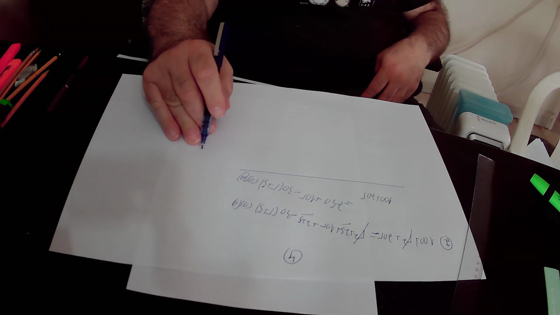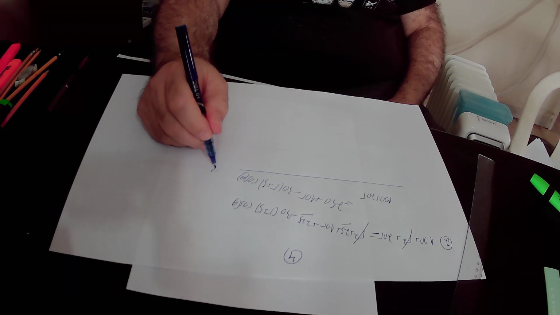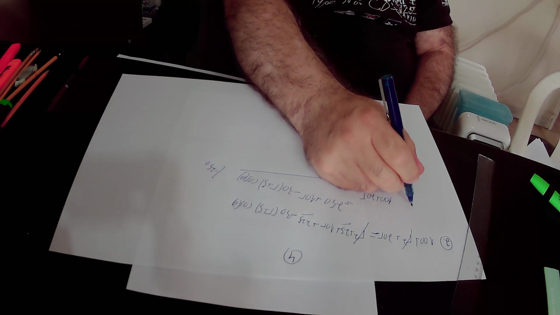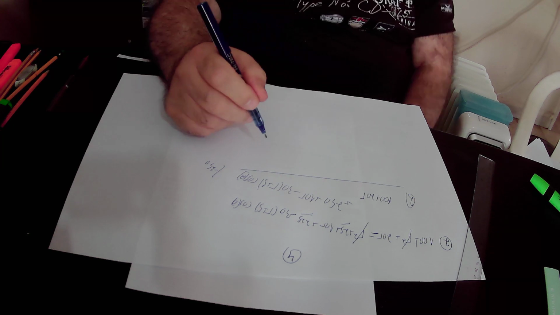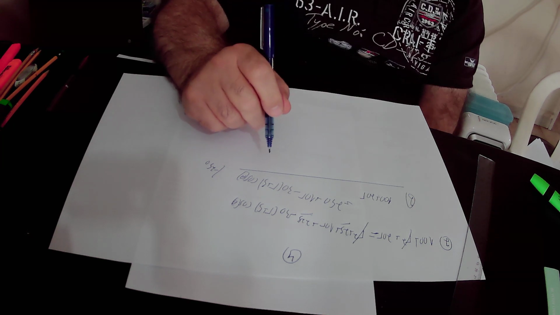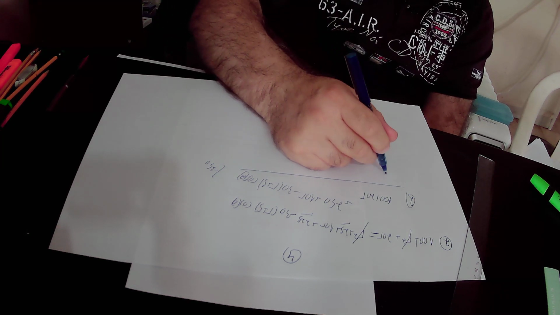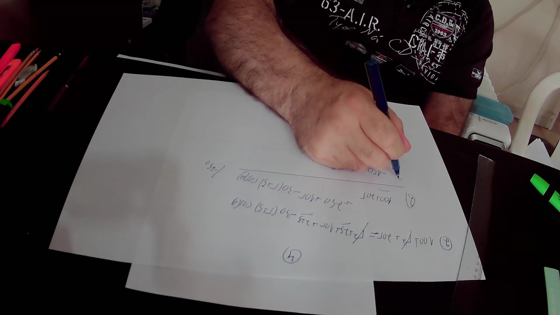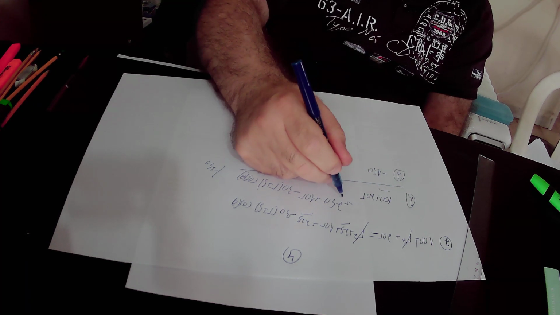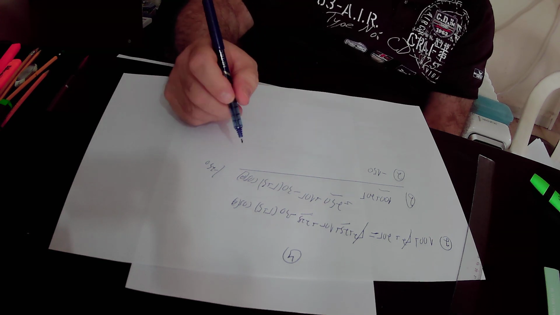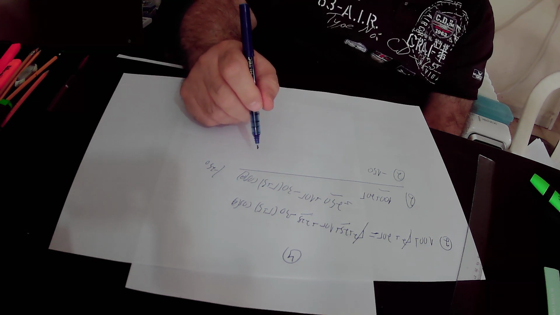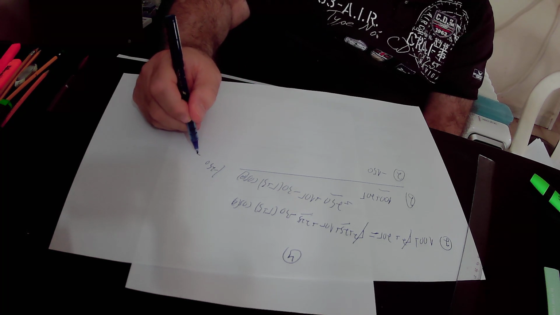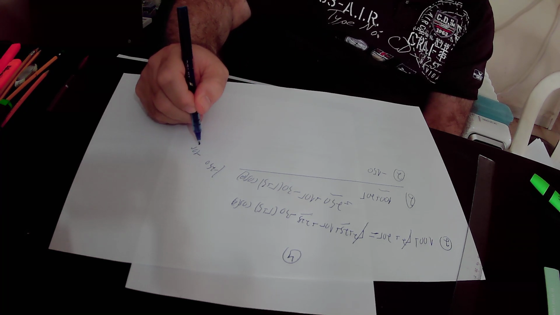Here we subtract 250 from this equation, equation number 2, and we get that 100 minus 250 is minus 150. We will subtract also 10r from this equation.